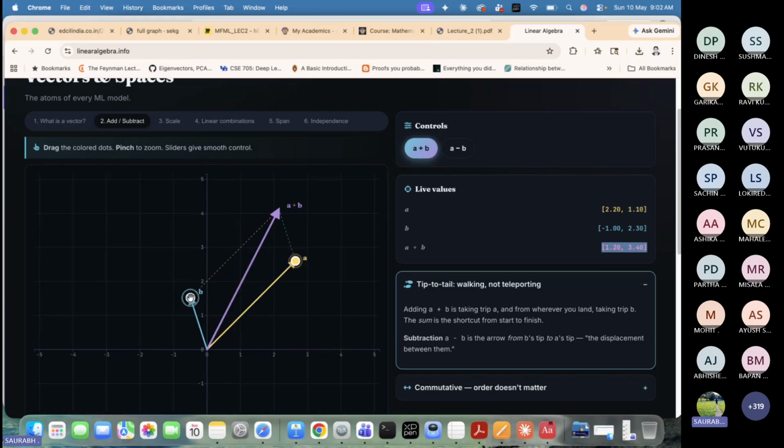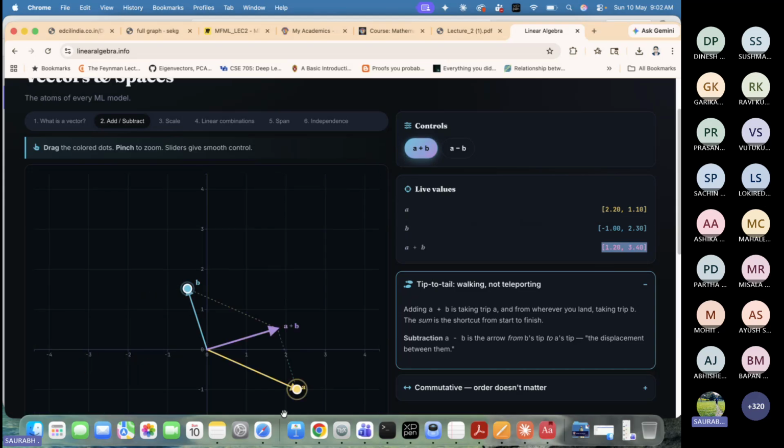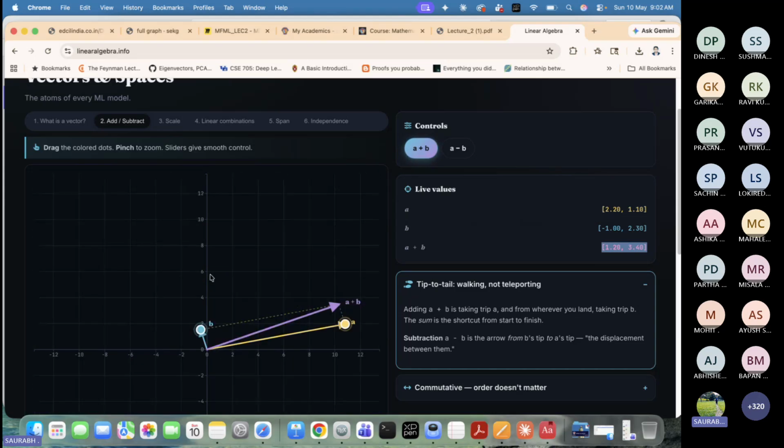I'm just changing them one by one, both of them. Whatever I do, if I change a or if I change b, the output vector is not going outside this two-dimensional space. It is not going into a three-dimensional world. If that happens, then your enclosure property breaks. So this is called vector addition.